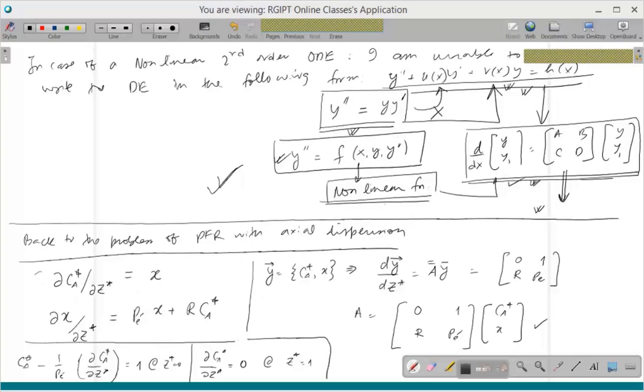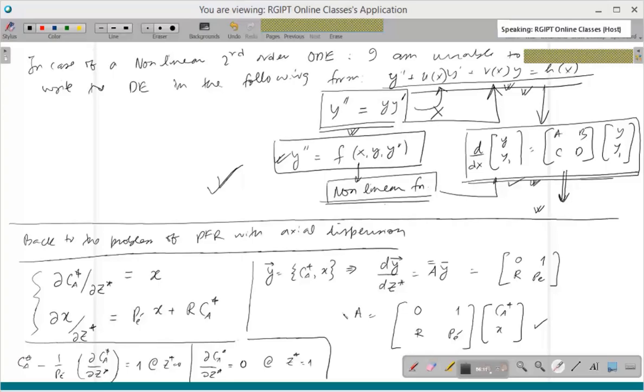Together with the differential equation, I have the entire problem specified, and I am able to write it in matrix form for the purpose of implementing numerical computing.